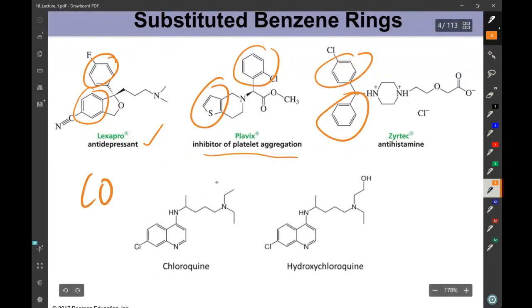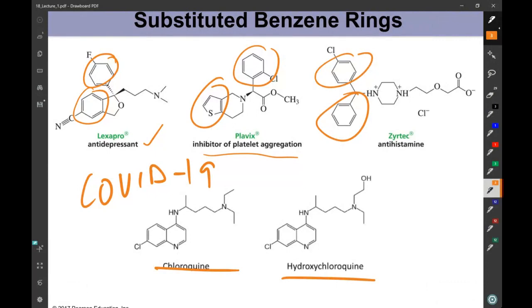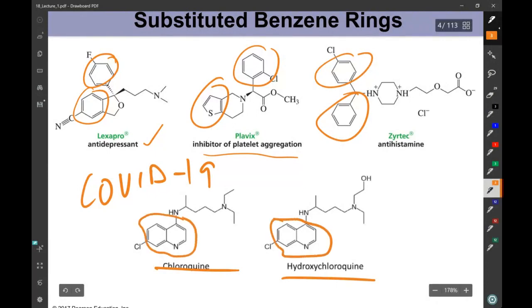And for what we are fighting today, this guy called COVID-19, I'm sure you have been hearing the word chloroquine all the time these days over the news. Chloroquine and hydroxychloroquine, you notice that they are highly made up of aromatic molecules. So that's how important aromaticity can be.